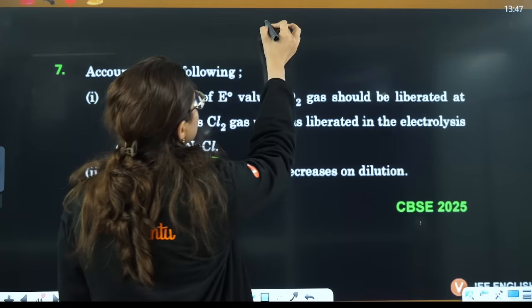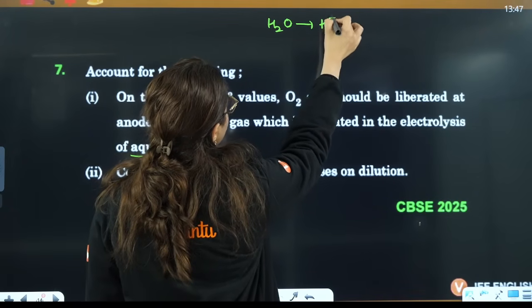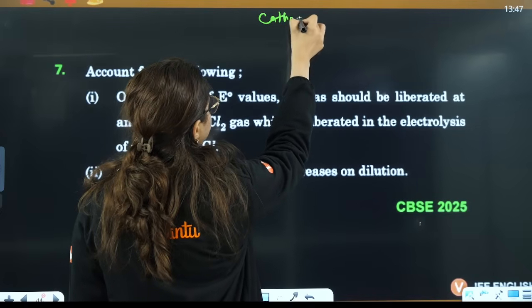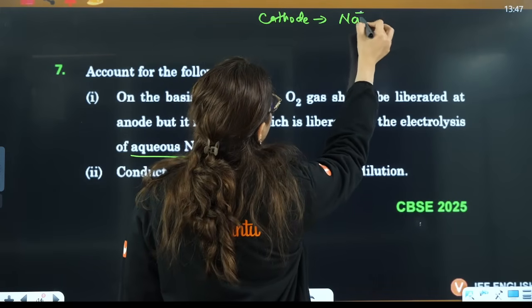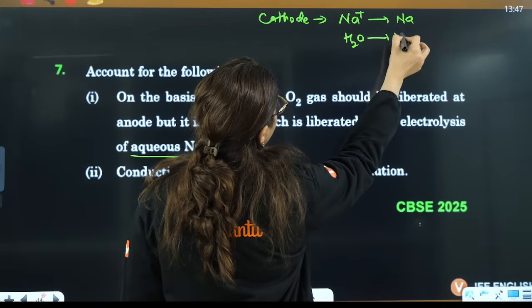See, aqueous NaCl means from water you will have H positive and OH negative. That means if I say at cathode, what can happen? Na positive can get converted to Na or H2O can get converted to H2.